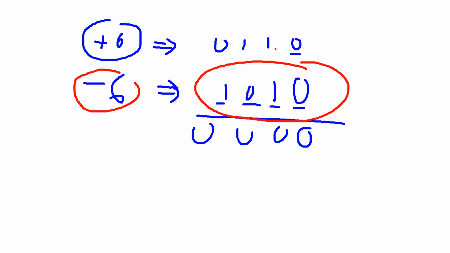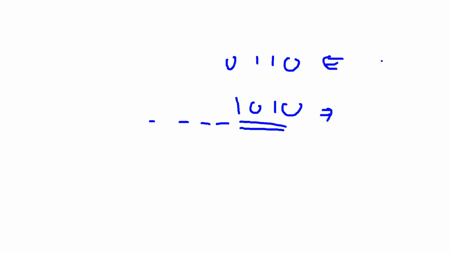If you want to extend from 4 bit to 8 bit while keeping its value, for example 0 1 1 0, which is 8 plus 6, you first find the positive number and then extend to 8 bit.